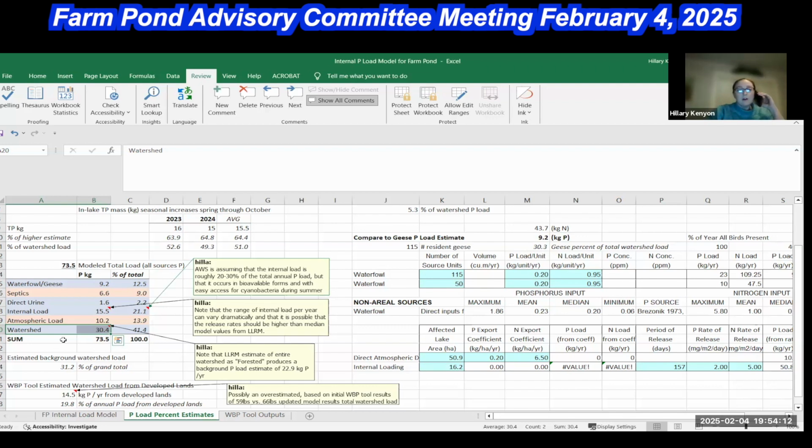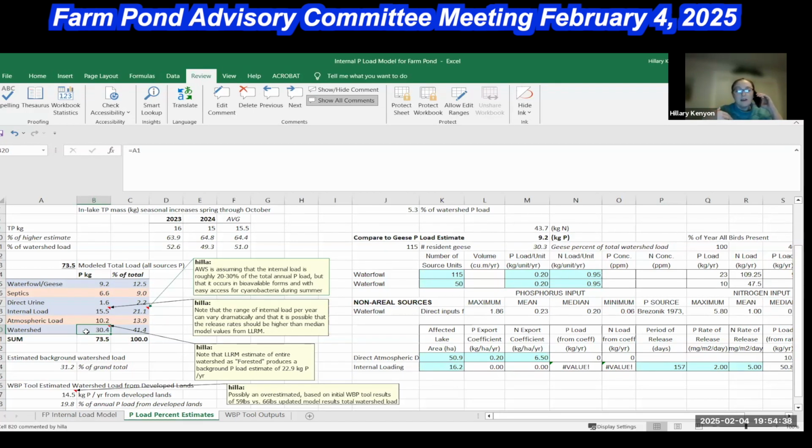The 2015 report used the same model that I've used for other pieces of this, but for some reason, they used an attenuation factor of 25%. I don't know where that came from. So basically, they modeled everything in the watershed in the 2015 report and then put in an attenuation factor that was lower than I'm used to.